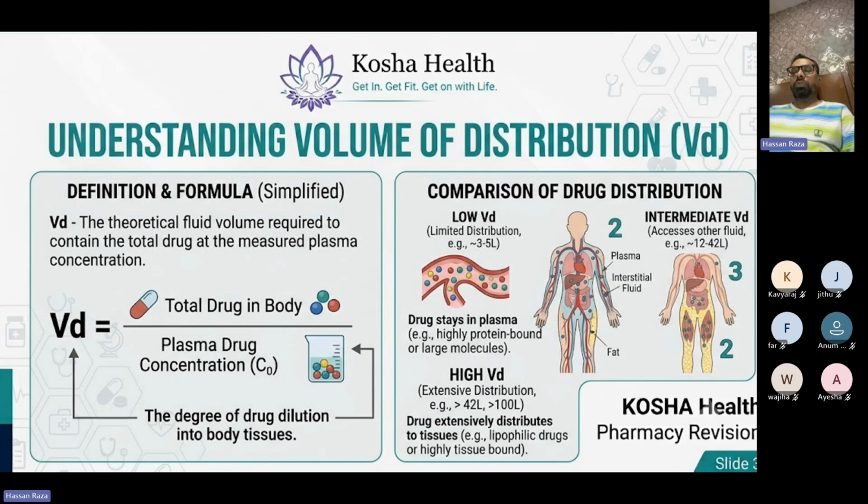The definite formula of concentration is amount divided by volume. But here there is a small limitation because you cannot determine the real amount of drug which reaches your target organ. For example, you are giving a drug, for example, an NSAID.